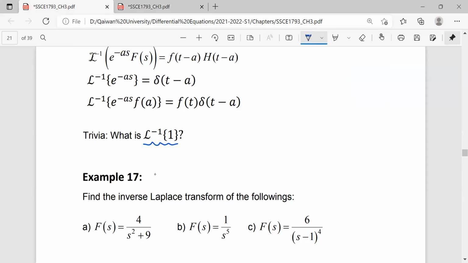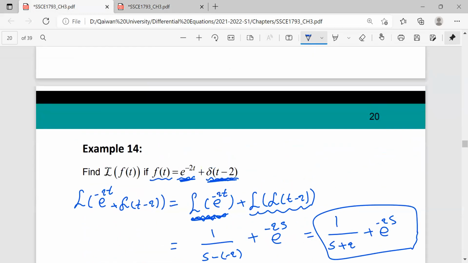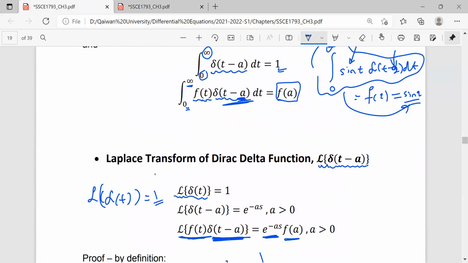Look, we just studied today that the Laplace transform of the Dirac delta function is 1. The Laplace transform of the Dirac delta function of t minus a, where a is 0, is 1. How about the Laplace inverse of 1? It is the Dirac delta function of t. That's it. The Laplace transform of the Dirac delta function is 1, and the Laplace inverse of 1 is the Dirac delta function.